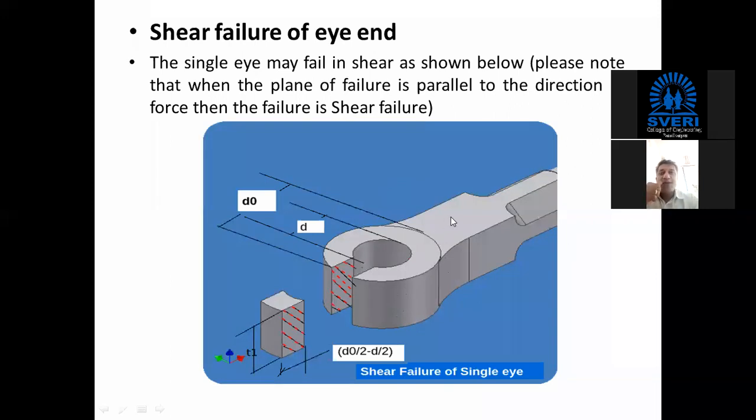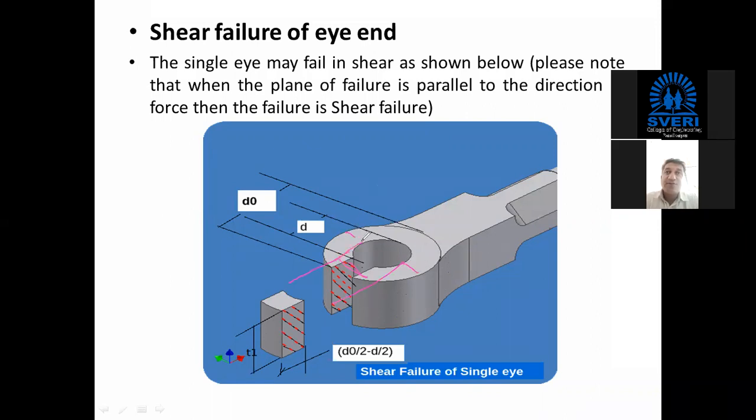Okay. Now, we have considered the tensile case, but now suppose this diagram has to be drawn like this, shearing has to take place exactly at this place. This much part has to shear out. Shearing stress we are going to consider. Previously we have considered tensile stress.